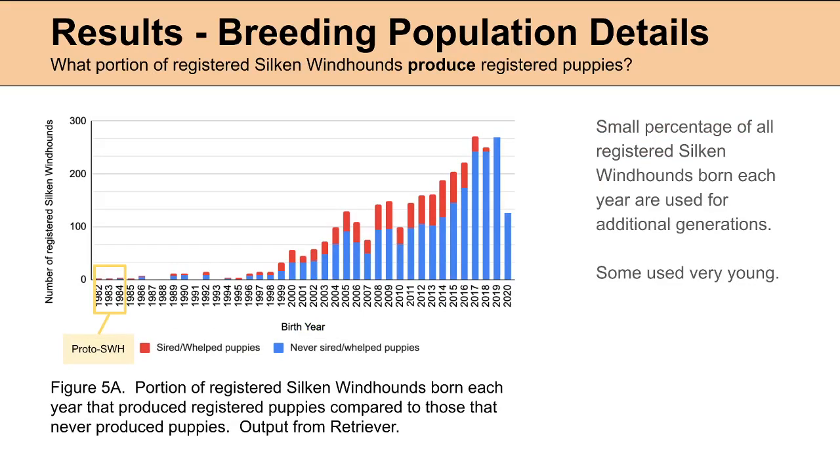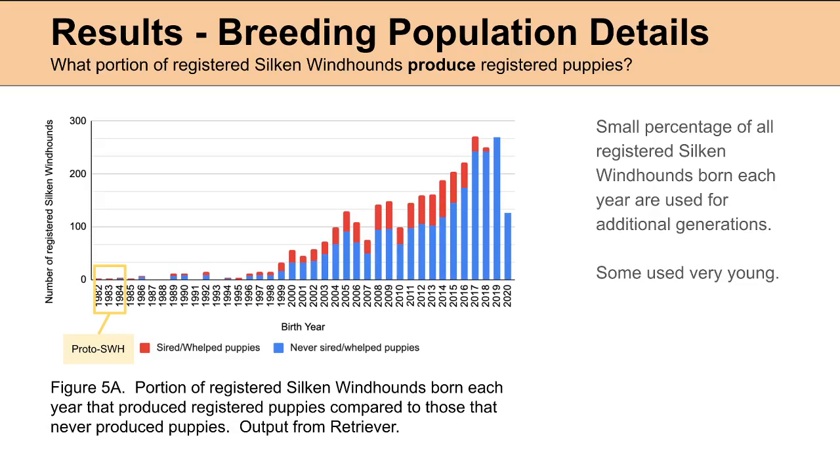So what portion of registered Silken Windhounds produce registered puppies? This is looking at, again, total registered Silken Windhounds born each year. What you will see in blue are puppies that were born in that particular year and never produced puppies. They never sired or whelped additional puppies after they matured.